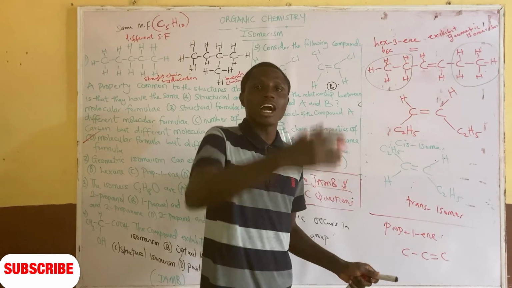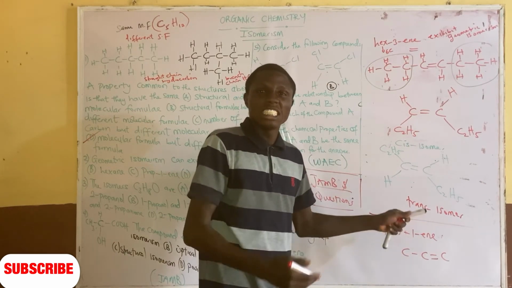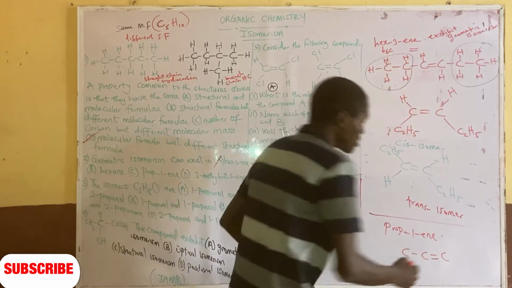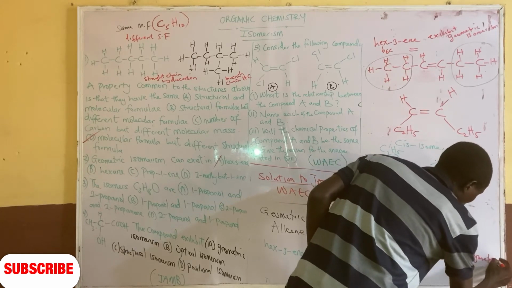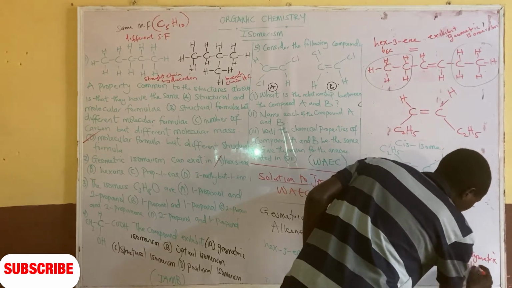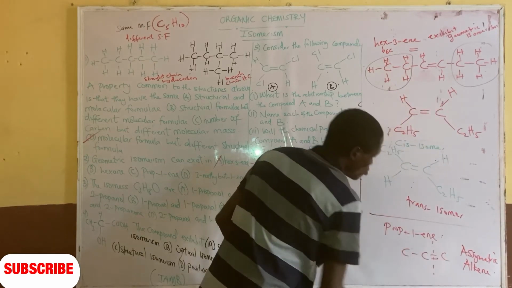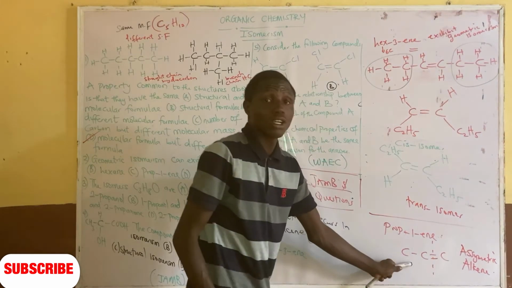There's no way you can have geometrical isomerism there because the compound is an asymmetric alkene. Because when you divide it into 2 halves, we are having 1 C here and 2 C here.